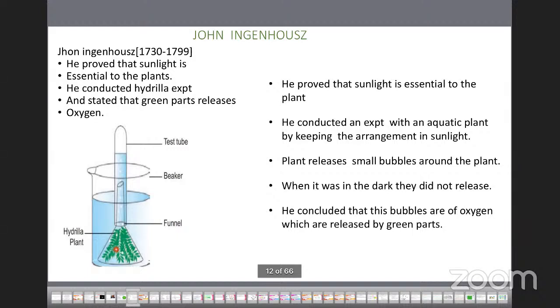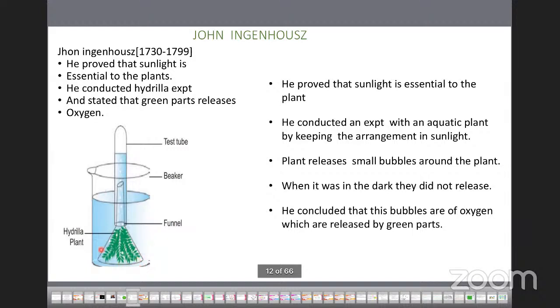Like this, this arrangement is kept in the water at the bottom of the glass beaker. The funnel's broad end touches the bottom of the beaker.